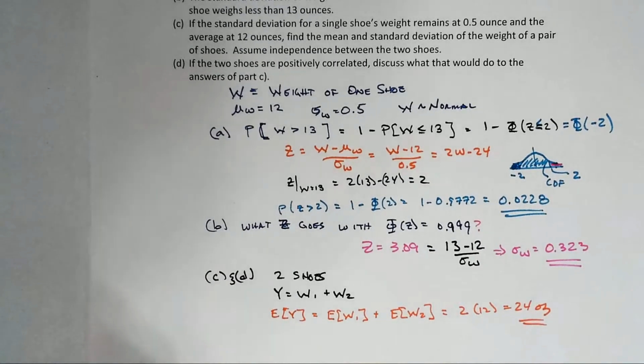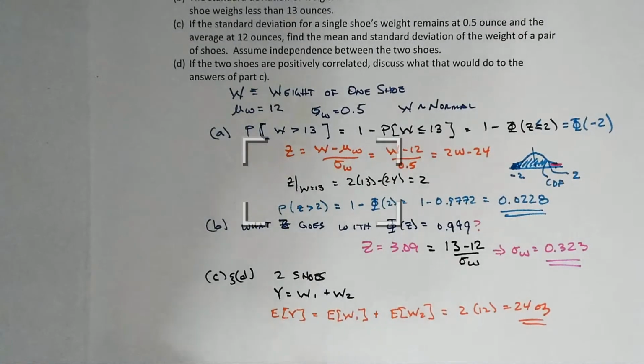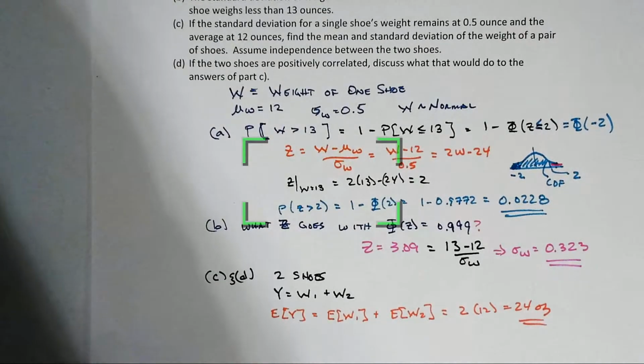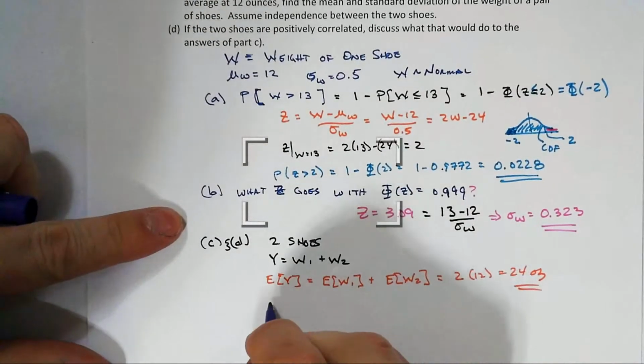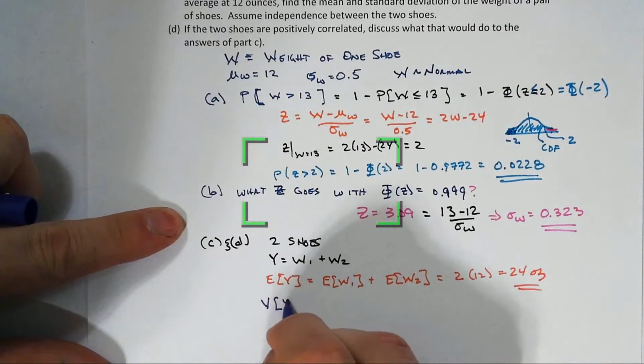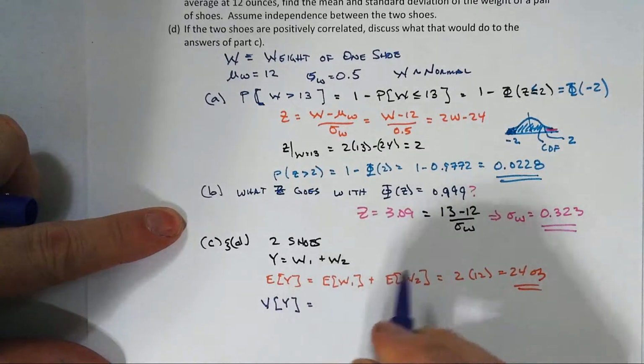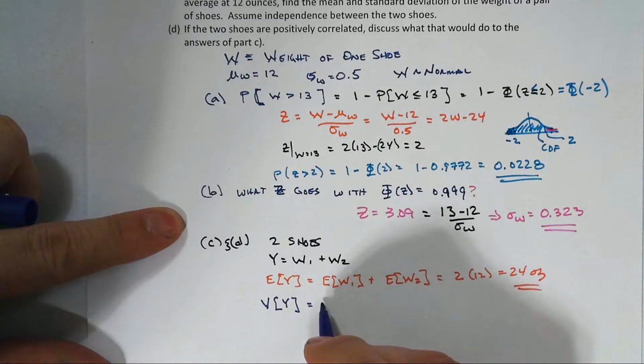Now the variance, though, is a little more tricky, because with the variance, now you've got to look at the variance of a sum. And the variance of a sum is going to be the sum of the individual variances.